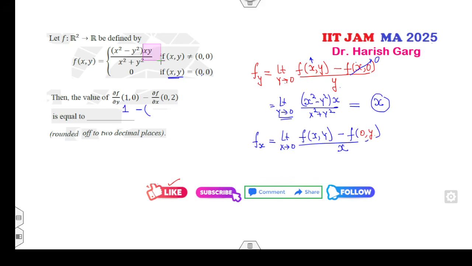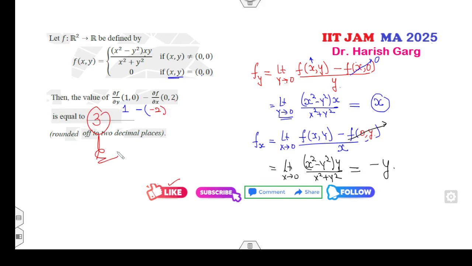Again you can see 0 comma y, that term will be 0, and f of x comma y, if you divide it by x, it will be x square minus y square into y divided by x square plus y square. If you take the limit x approaches 0, the answer is minus y. So if you substitute y, the answer is 3, which is the right answer of the problem.